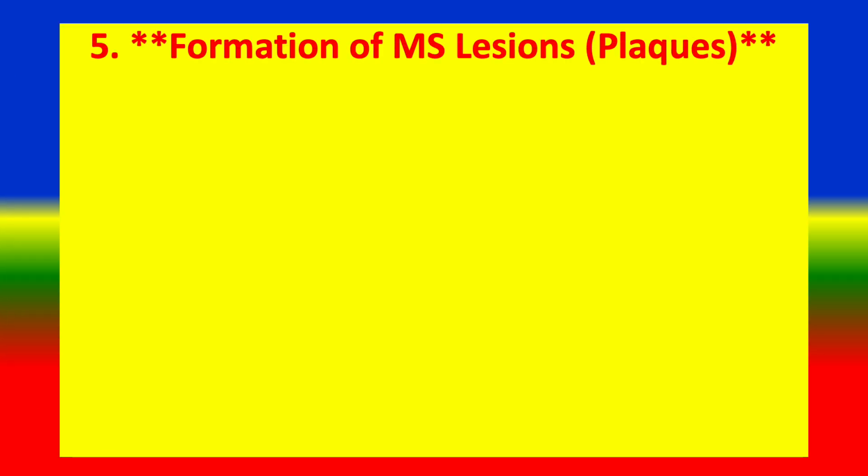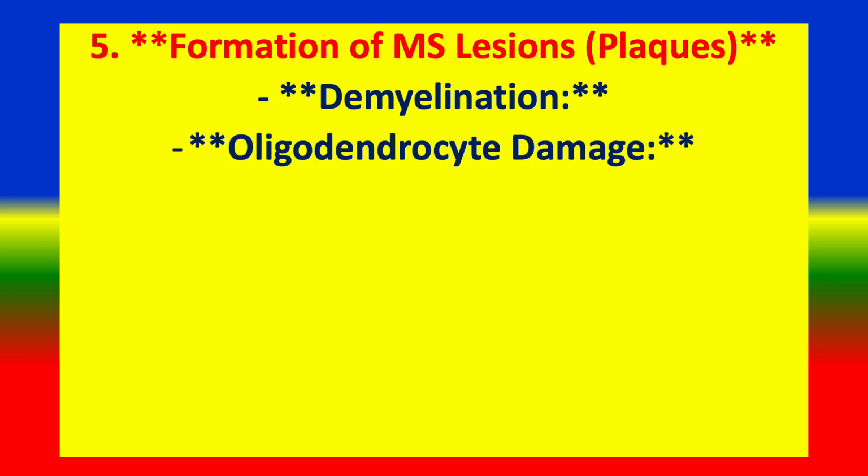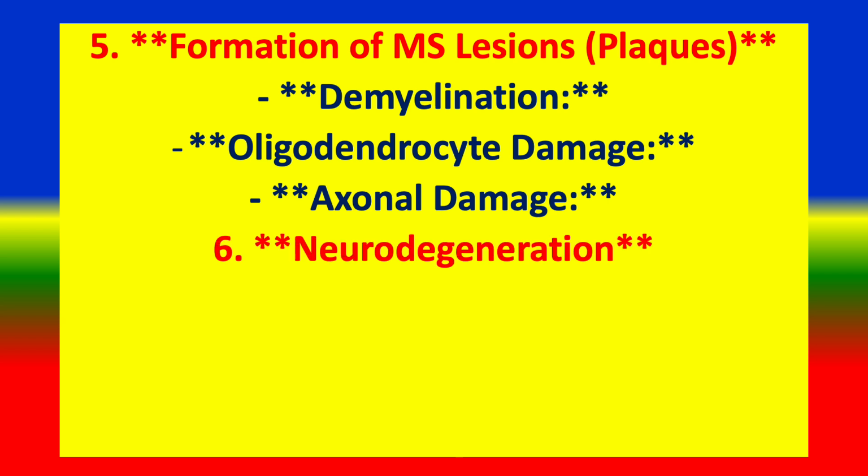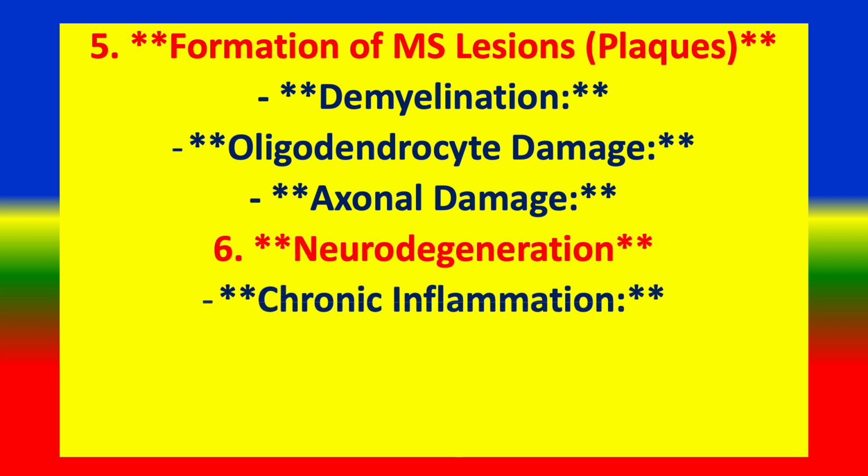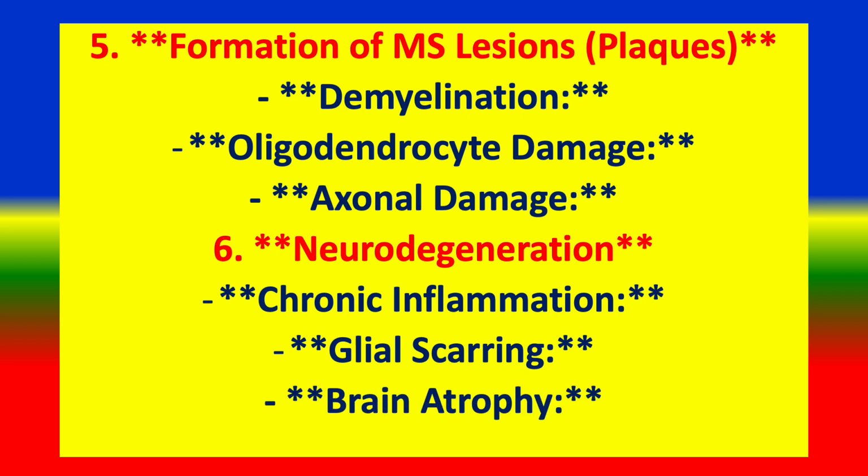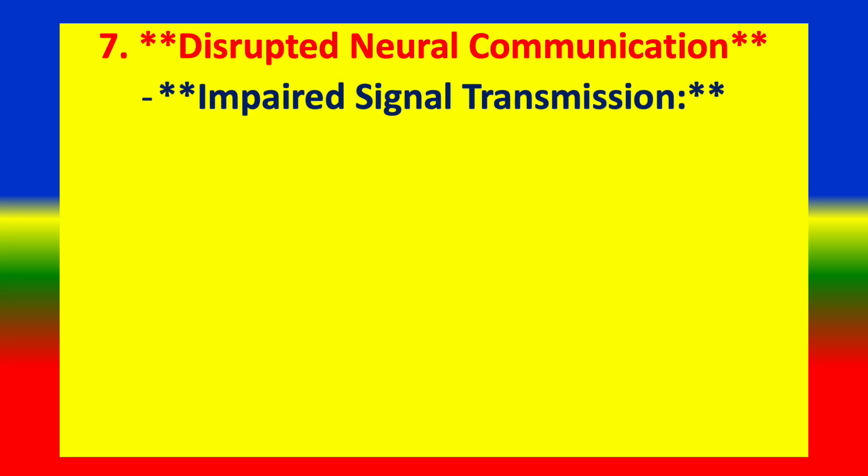5. Formation of MS lesions, plaques, demyelination, oligodendrocyte damage, axonal damage. 6. Neurodegeneration, chronic inflammation, glial scarring, brain atrophy. 7.